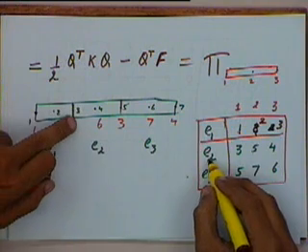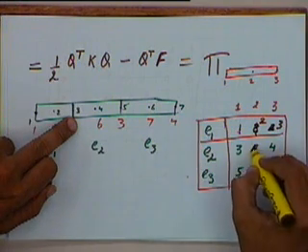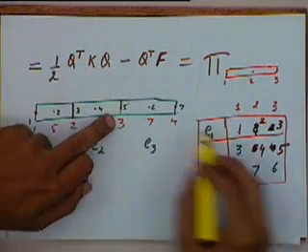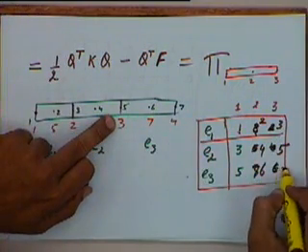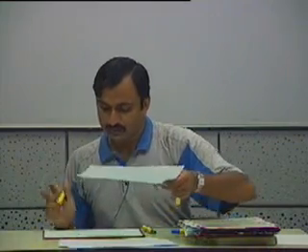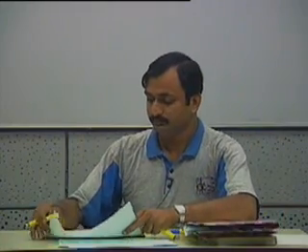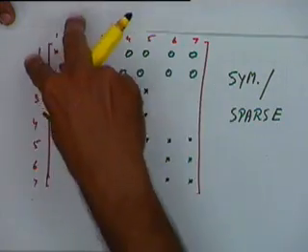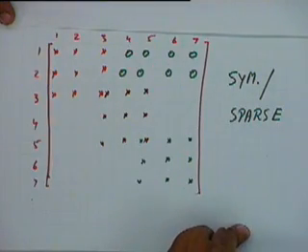My element 2 is defined between 3, 4 and 5. Element 3 will be defined between 5, 6 and 7. So in this case you will still get the same pattern, and your matrix will still remain the same.